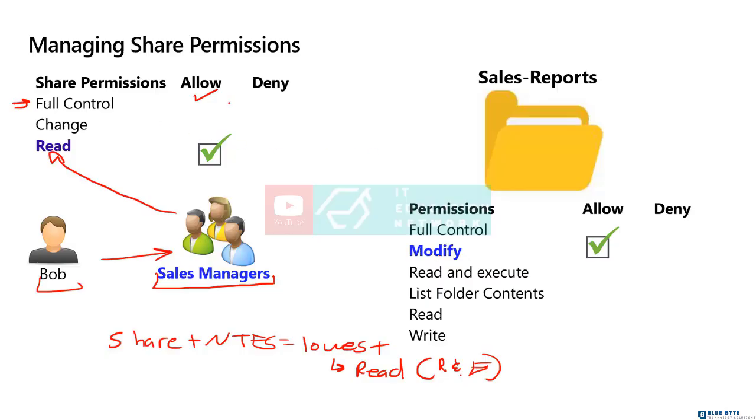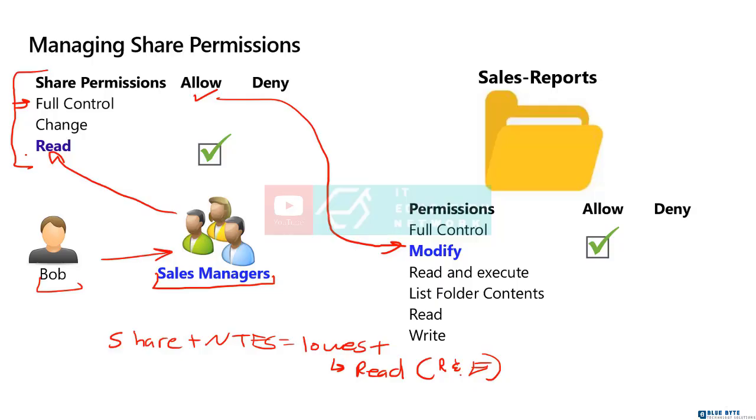Then if I assign the full control, when they get compared, modify is less than full control. So in that example, the effective permission for Bob would now be modify. It really takes management out of this if you assign the full control permission. You just have to make sure that you properly have defined the NTFS permission.